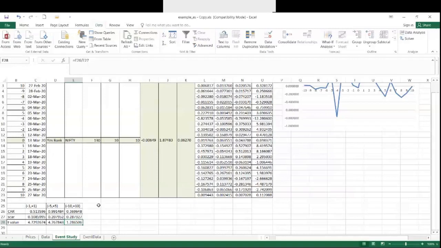Then you will have n firms and different event days for these n firms, but in terms of your setup it will be the same. Whatever you define as 0, the event day, you accumulate and estimate the abnormal return for plus and minus 10 days. So you can further generalize it.